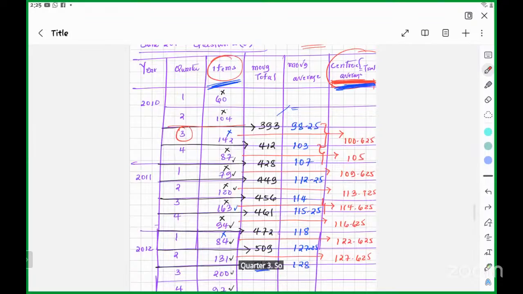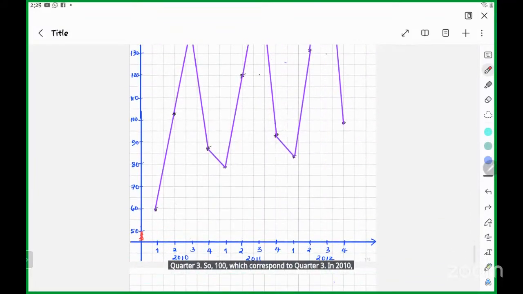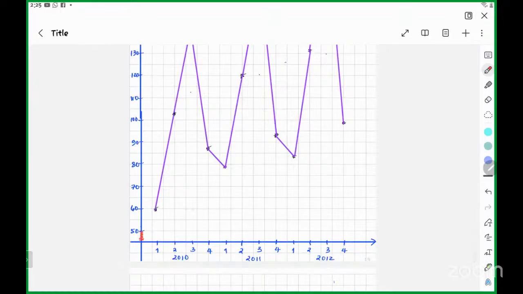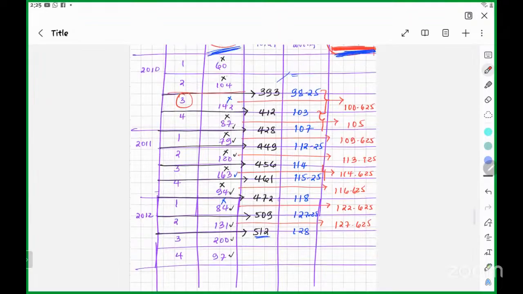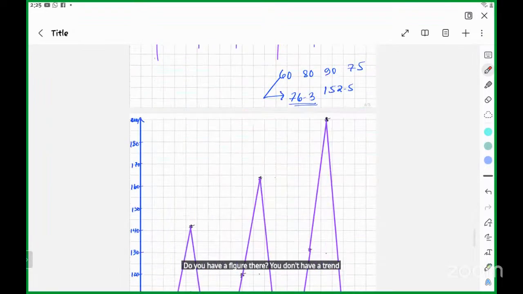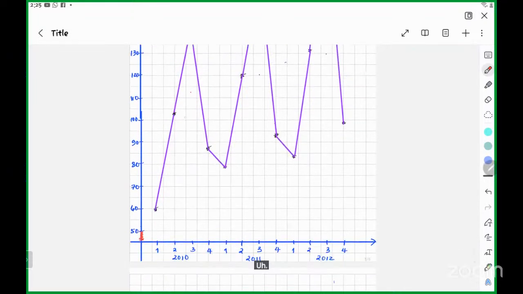So 100 is going to correspond to quarter 3 in 2010. So you come here, quarter 3. Do you have a figure there? You don't have a trend value. So where you don't have it, you leave it. 103.